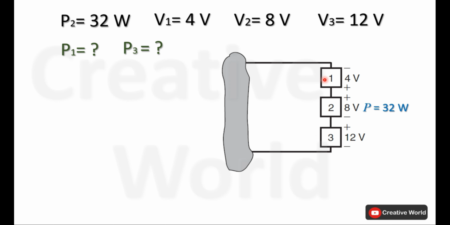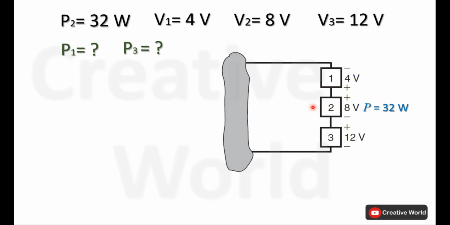But right now in this circuit we don't have the value of current, so we can use the data of element 2 to find the current through element 2, and because of the series connection, the same current with the same magnitude will be passing through the other two elements as well.